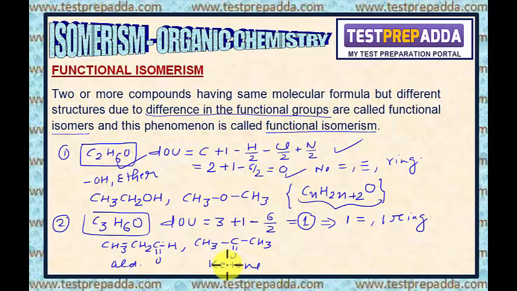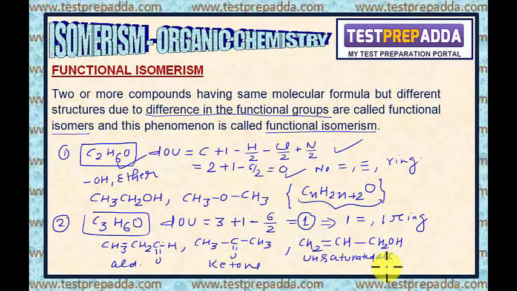Now what we can do, we can write alcohol and one double bond between CC. So like CH2 double bond CH, single bond CH2OH. Now you can match 3 carbon atoms and 6 hydrogen atoms, 1 oxygen. So this we can say is unsaturated alcohol.